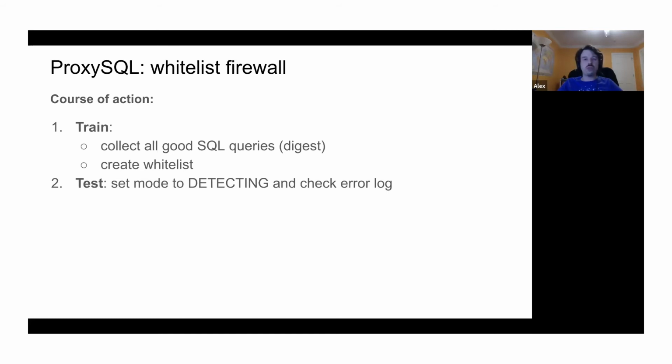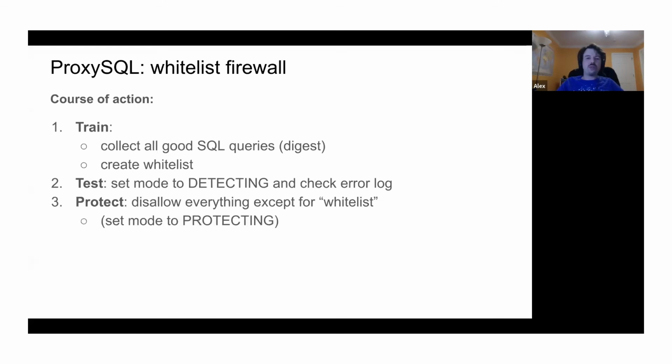We just want to see what happens. After we are satisfied with our test phase, we can use the protecting mode. We will disallow everything except our whitelist, and we do that by just setting the mode to protecting.